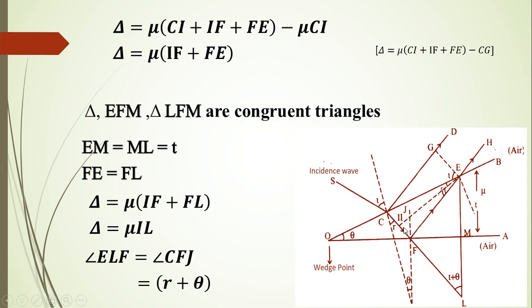Let us see this triangle, where IL is equal to IF plus FL. This angle is r plus theta, and this angle is also r plus theta, because they are alternate angles.